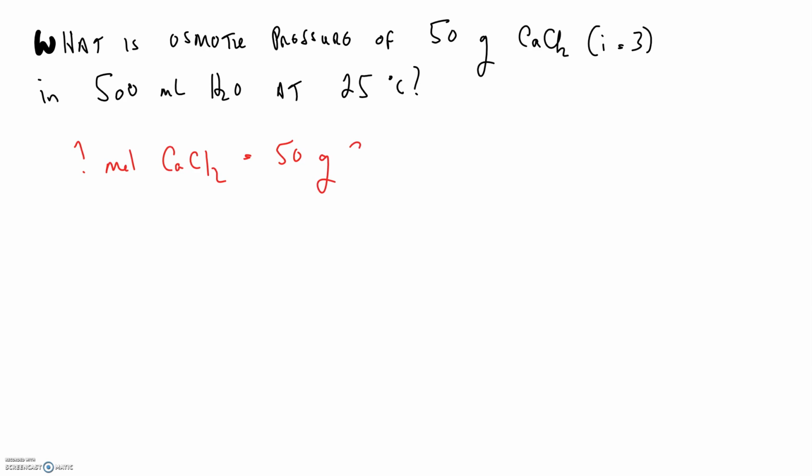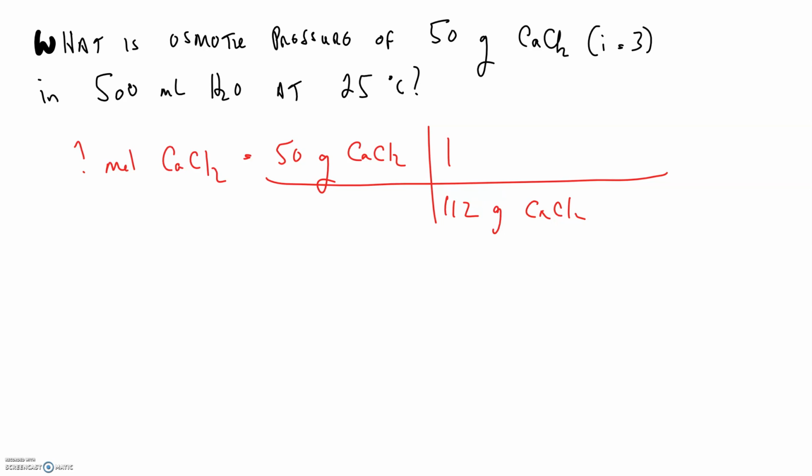If we have 50 grams of CaCl2, and depending on how you round chlorine, you should get a molar mass of either 110 or 112, because there are 2 chlorines plus our 40 grams of calcium. So I usually round chlorine to 36, but you can do it however you want.